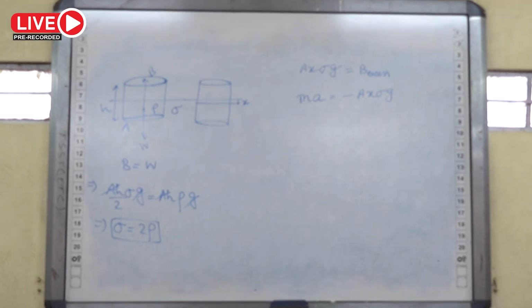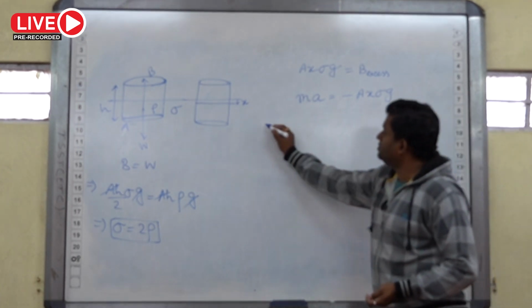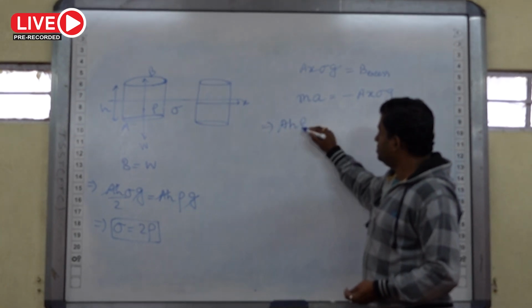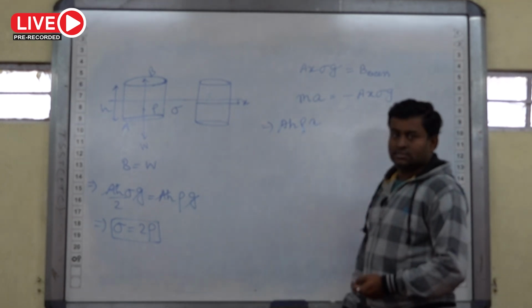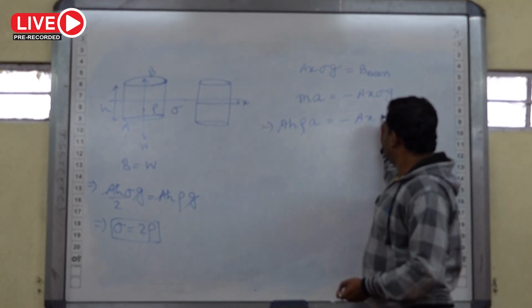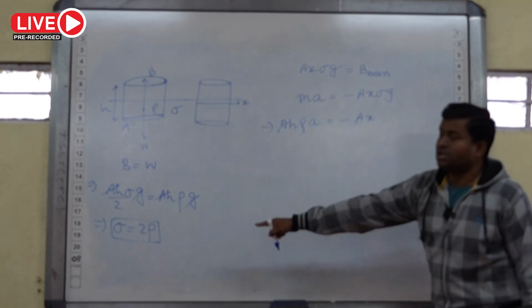Okay. Now M means mass of the entire cylinder. Mass of the entire cylinder substitute. It will be AH rho into A. This is equal to minus AX sigma. Now sigma we have already calculated.